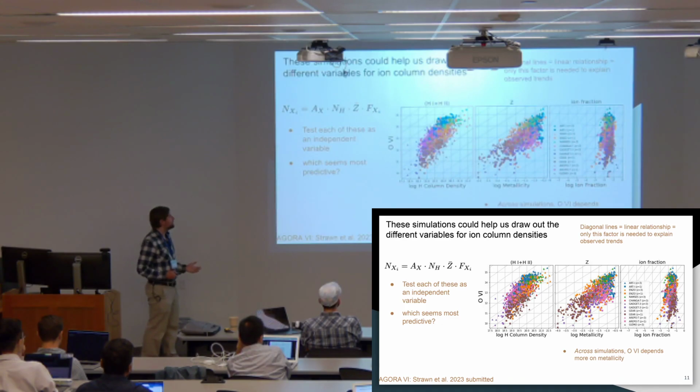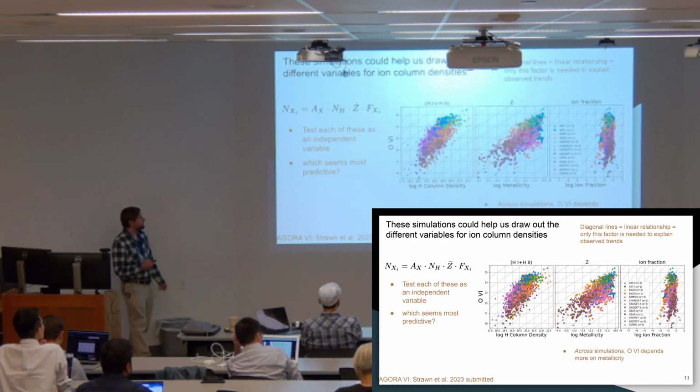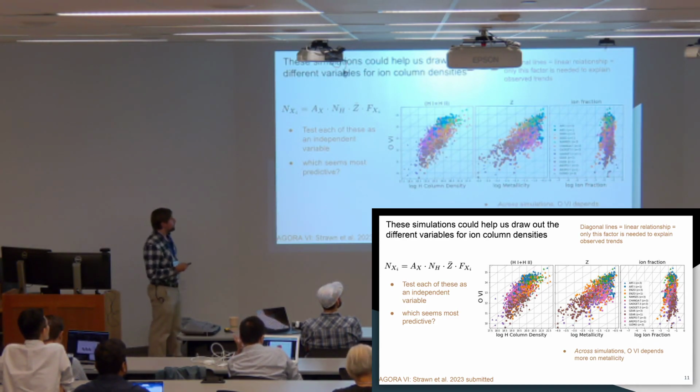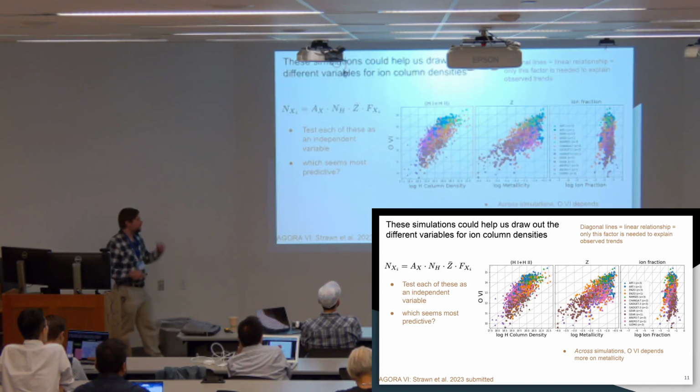So this is a plot of the same points in each of these 3 panels, by the column density of a certain ion, here oxygen 6, versus each of these as an independent variable. So these are the same points. You can see the same green triangle and blue triangle at the top each time. They're just ordered differently. And the colors are which code it is. And I drew on these diagonal lines to show a linear relationship. Basically, if they followed one of these perfectly, then that variable is controlling this outcome.